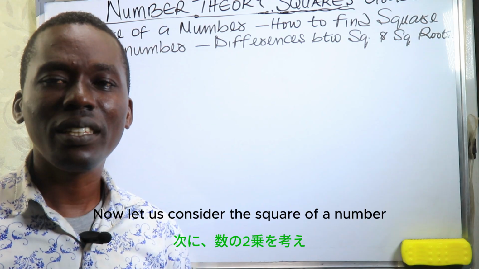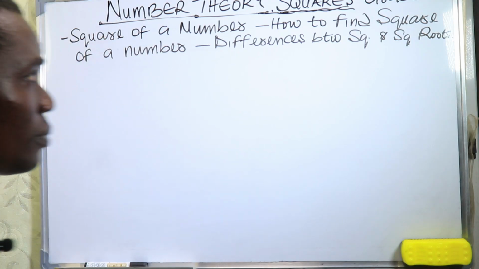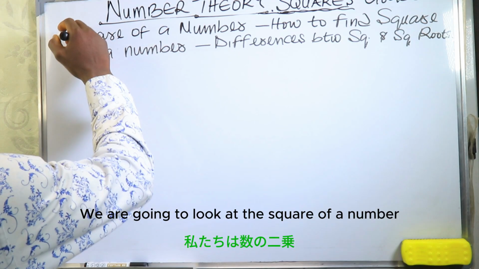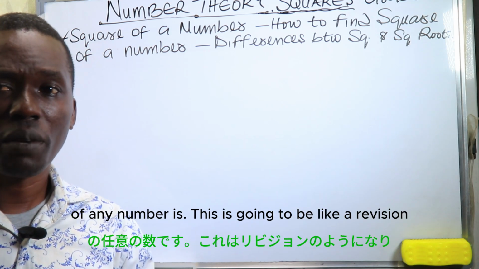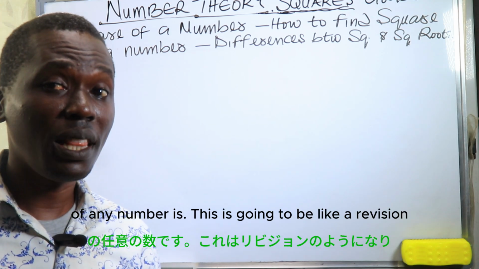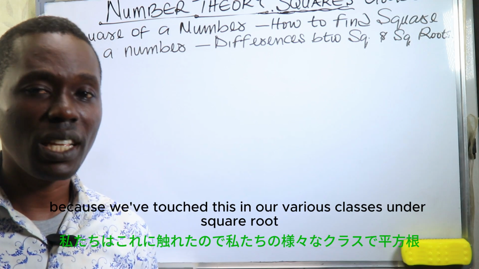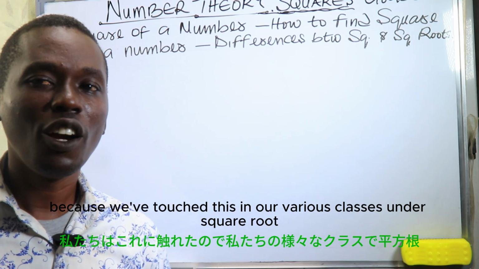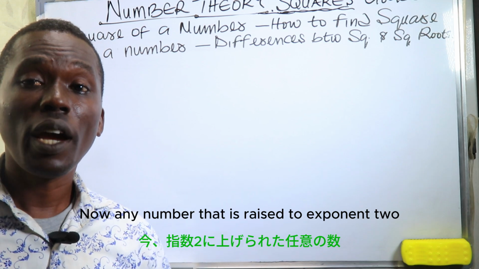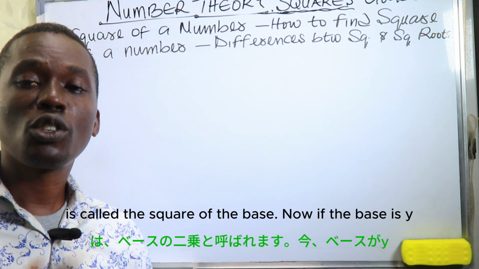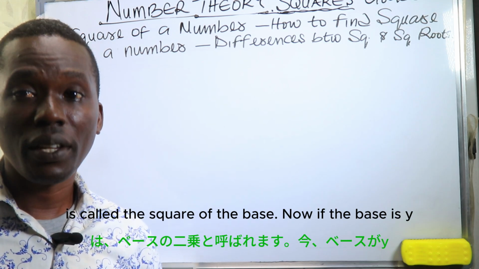Now let's consider the square of a number. We're going to consider what the square of any number is. This is going to be like a revision because we've touched on this in our various classes on the square root. Now any number that is raised to exponent 2 is called the square of the base.